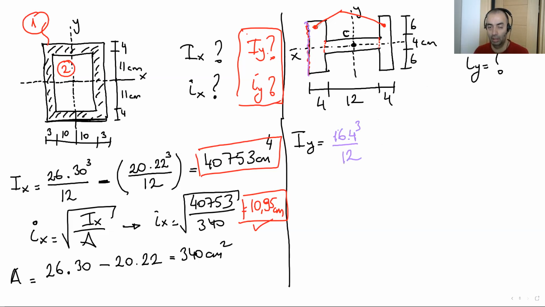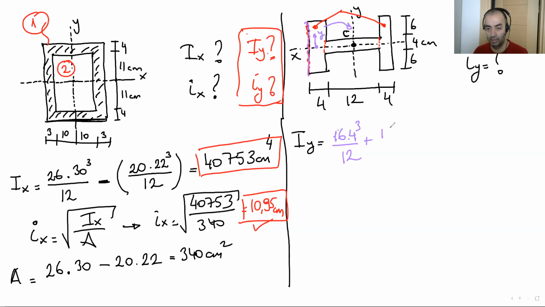Okay, I'm just doing this for only one rectangle here. I did this calculation according to my local y-axis, so I need to shift it from here to here. That's why I need the area times distance squared.